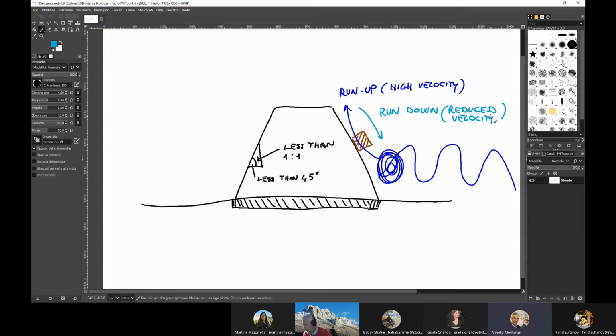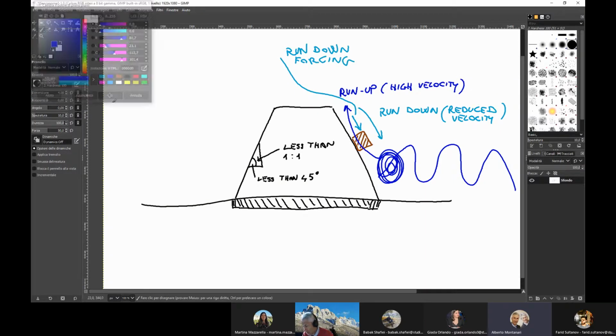Good. And now you have two destabilizing forces. This is the destabilizing force of the run down, so this is run down forcing. And let me go back to the blue color.